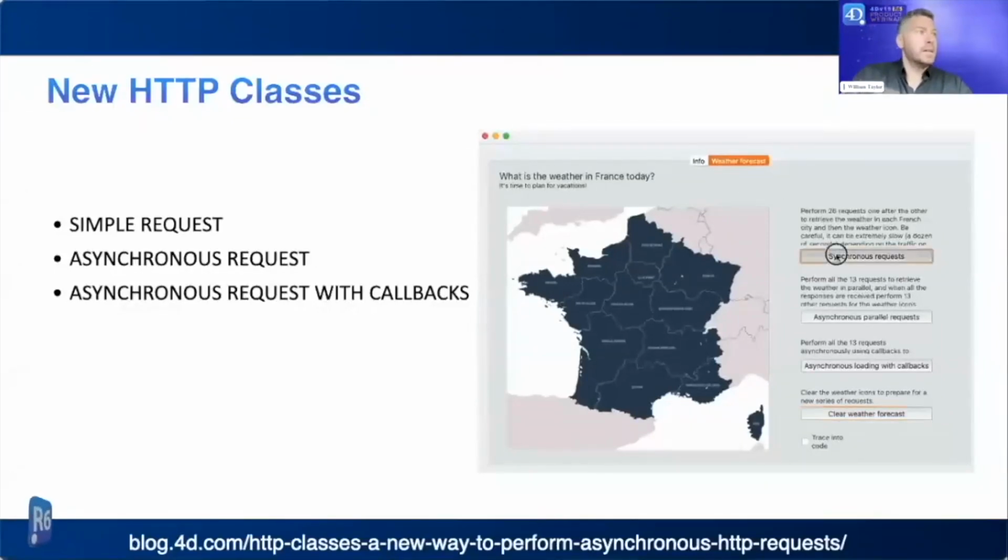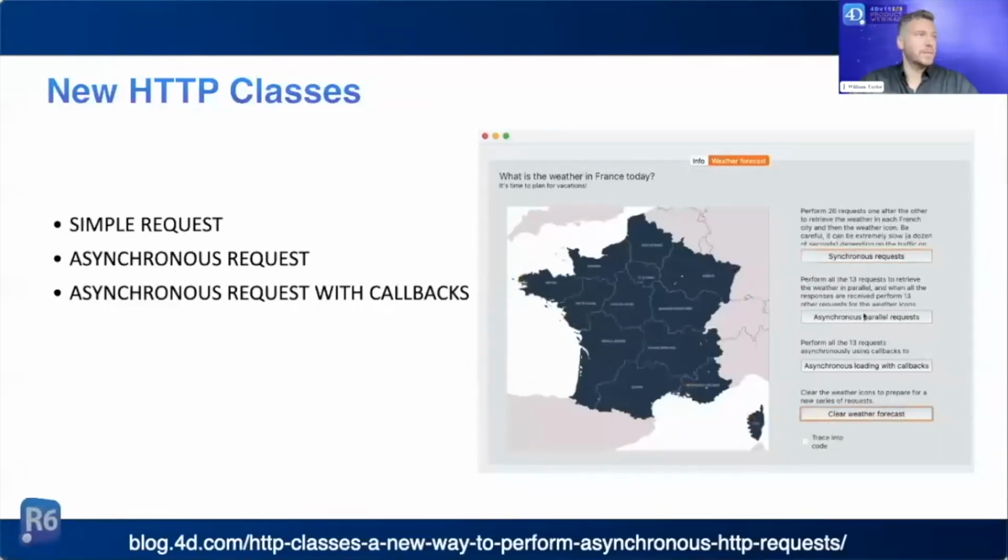So here's a map of France. If you do it synchronously, one after the other, it takes longer. And you'll see the asynchronous and the asynchronous with callbacks go faster. It's not frozen. It just takes a while. There we go.